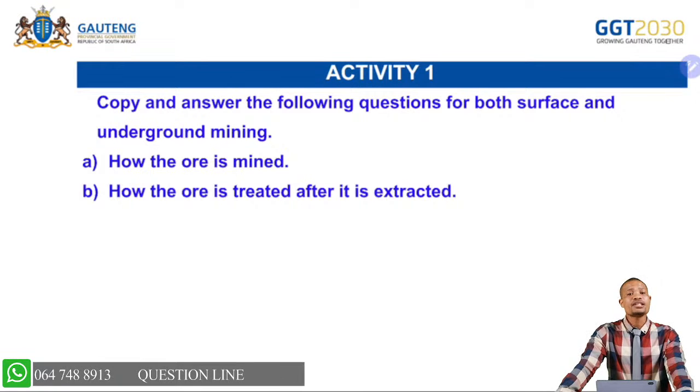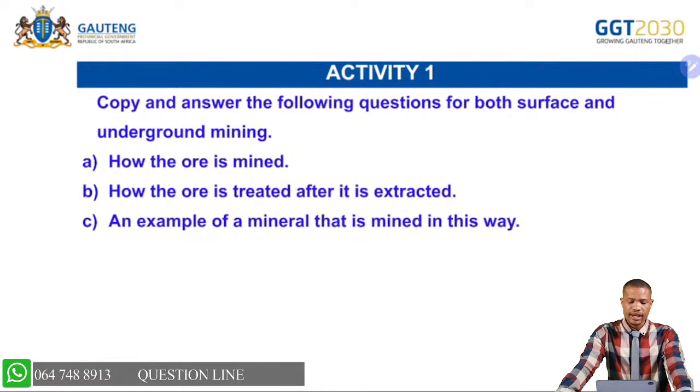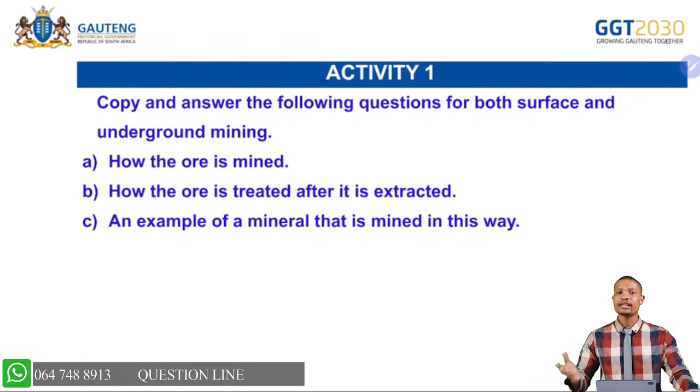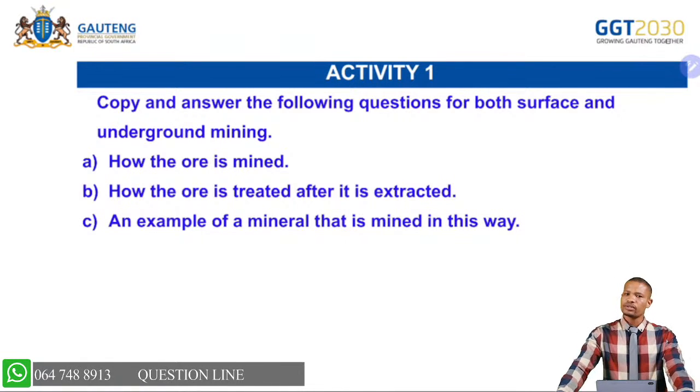How do we go about treating this ore after extracting it? And C, an example of a mineral that is mined in this way, right? So you need to give an example of a mineral that is mined either using the surface method or the underground method. Okay, so let's not waste any time. Let's just do the activity together.